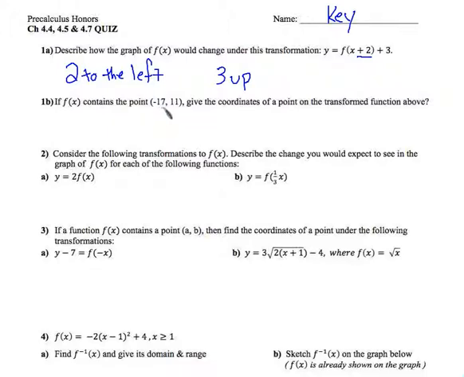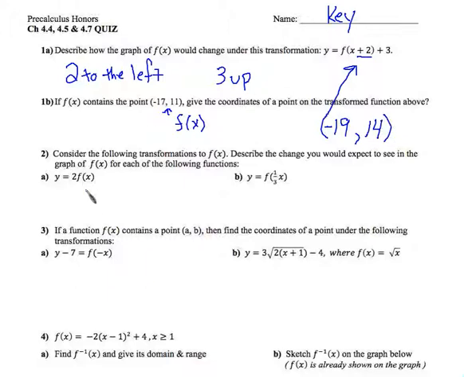So if this is a point on f of x, then a point that'll work in this new function is going to get shifted 2 to the left, so it would be negative 19, and it's going to be shifted up 3, so then it would be positive 14.